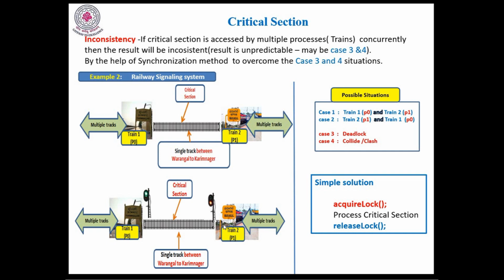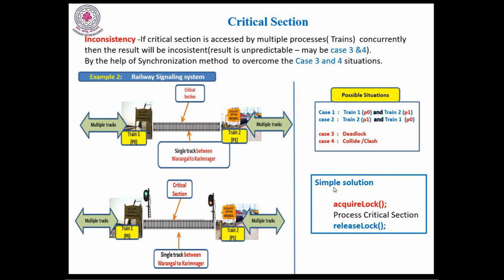That means the other train should not get a chance to enter into the critical section. Once this train processes the critical section and exits, it releases the lock. That indicates the other train can enter into the critical section area. This is the sequence of the process for the positive sequence.